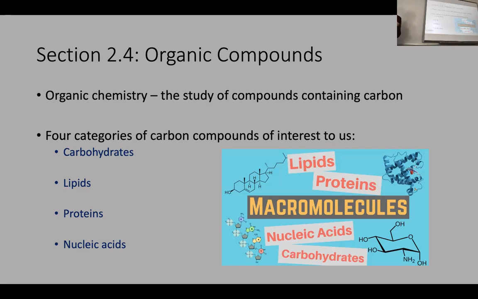If you put together some atoms and elements, they're going to form typically one of these four major compounds. I'm going to go through each of these fairly quickly, telling you the general characteristics of each. And if there are any specific examples that I want you to know, I'll have them on the slides as well.